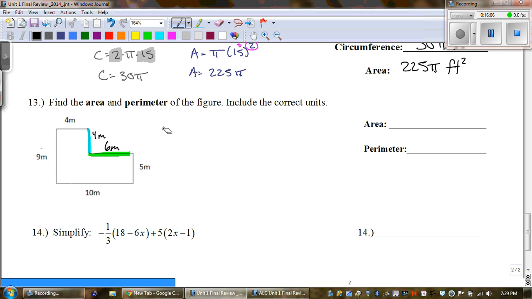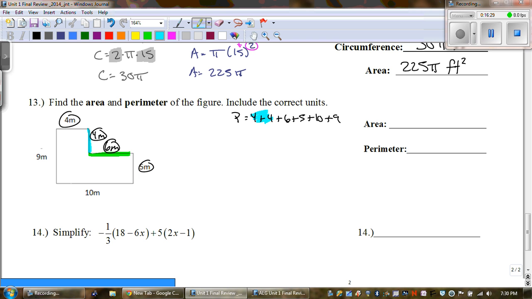So you can do this in any order you want to. I've already got the perimeter set up. So we have 4 plus 4 plus 6 plus 5 plus 10 plus 9. Okay?